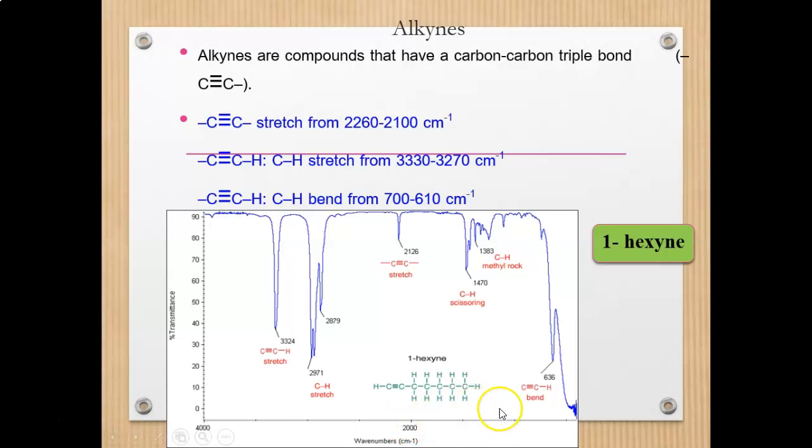Okay. But jangan susah hati, saya akan bagi table yang senang untuk awak refer. Okay. So dalam alkyne, you need to determine the carbon-carbon triple bond dekat wave number yang mana, and you need to determine the CC and also CH and also C triple yang belakang ni, CCH ni. Okay.